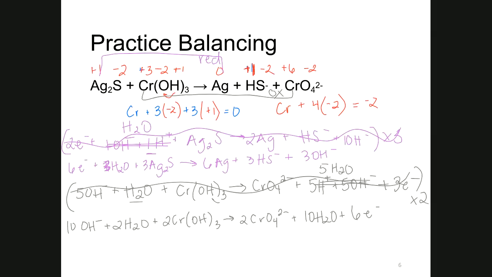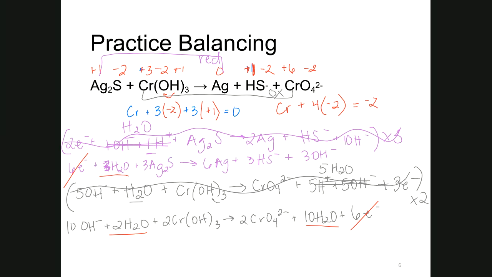Now we're going to do a little bit of math. Figure out what we can cancel out. So again, we can cancel out our electrons, 6 and 6. For water, we have quite a lot going on actually, because we have 3 waters here, 2 waters here, and 10 waters here. So what the heck are we supposed to do with that?